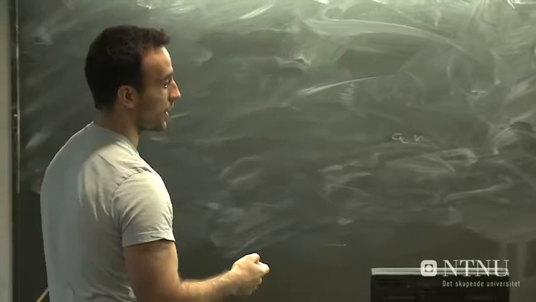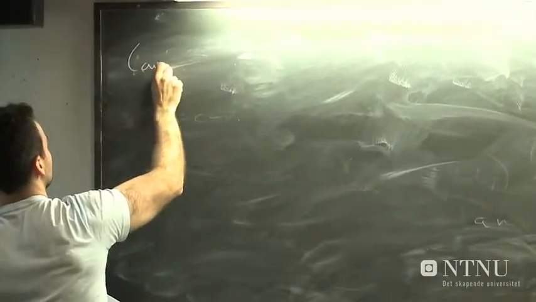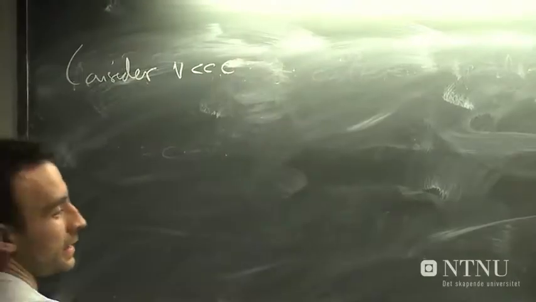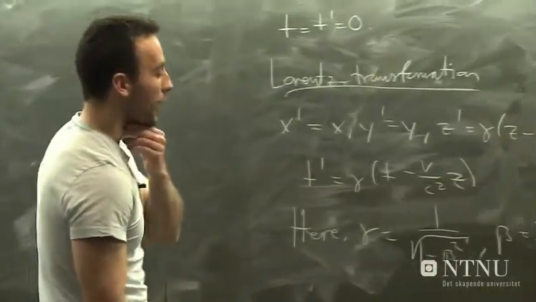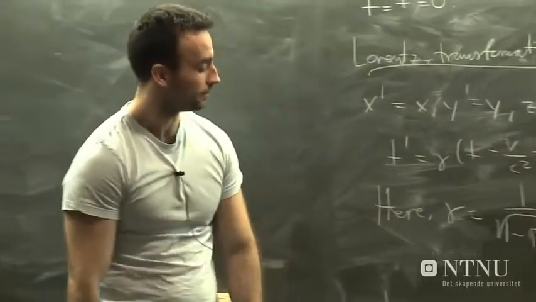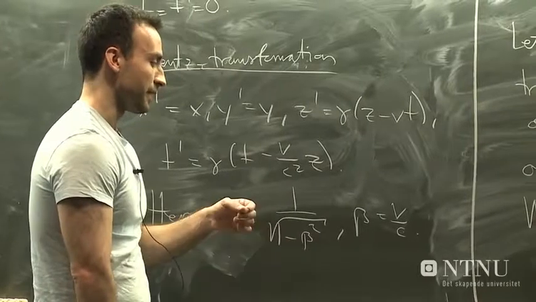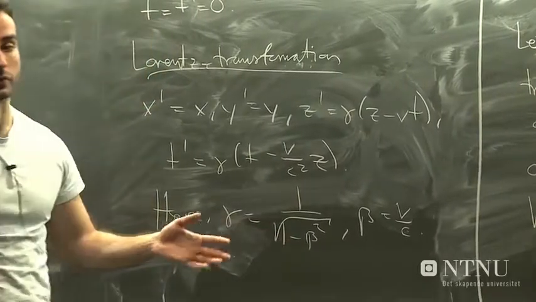So how about the second one? What happens if the velocity is much smaller than the speed of light? Well, in that case, beta is much smaller than 1. And we see that as v becomes very small, gamma goes towards 1.